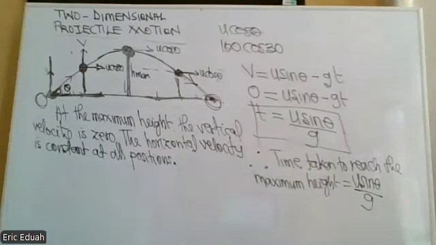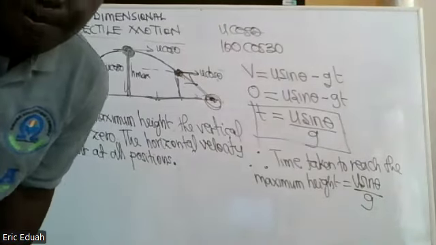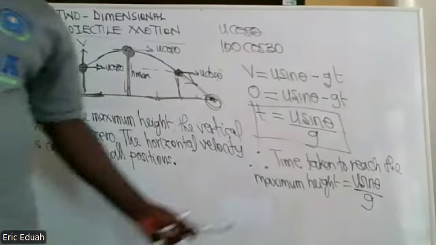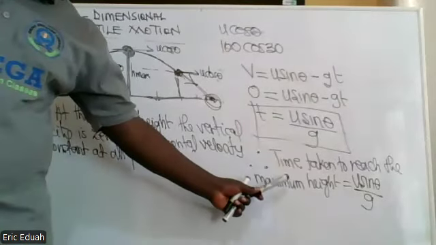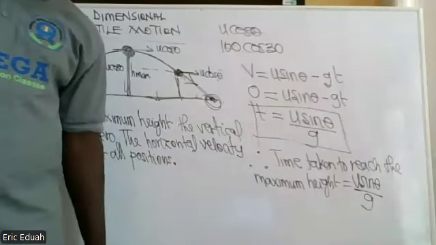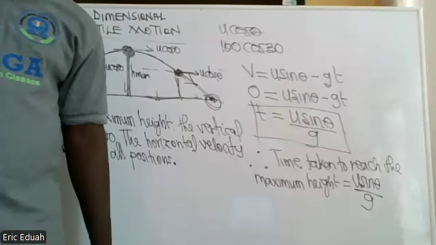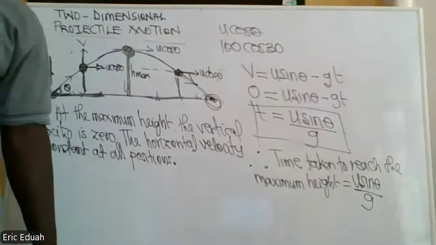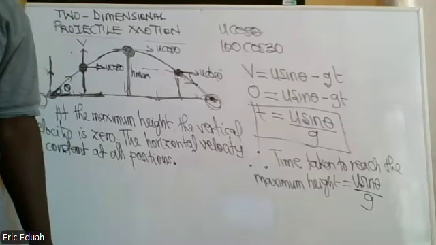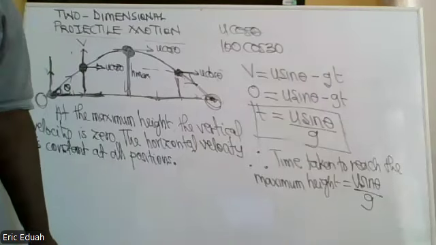So the same question given earlier, help me calculate the time taken to reach the maximum height if the velocity of projection is 100. 5 seconds. Pardon? 5 seconds. Is it 5?